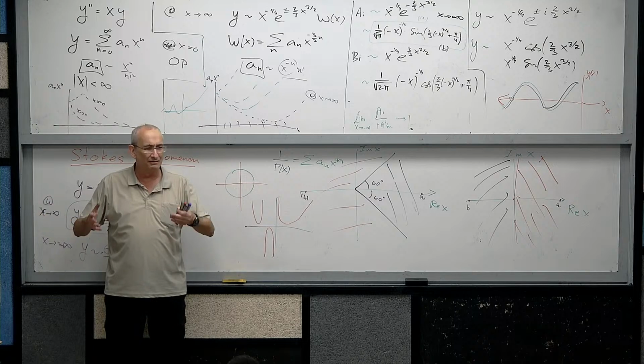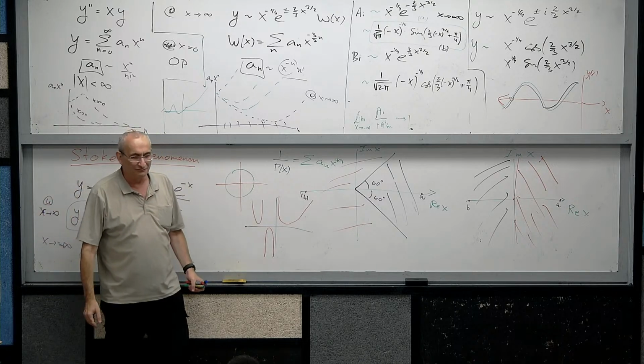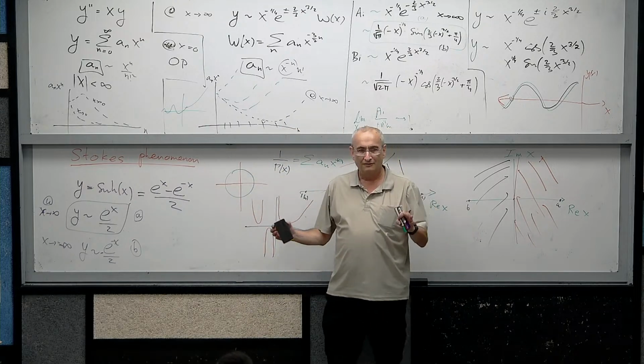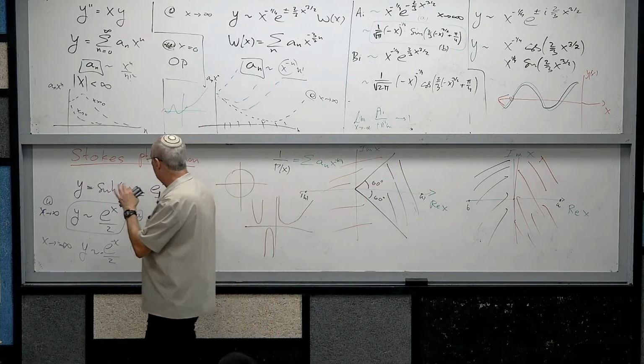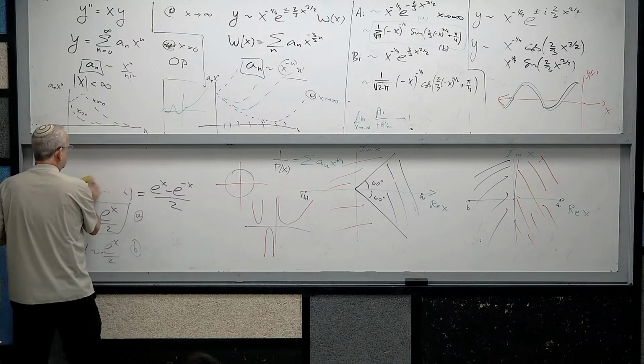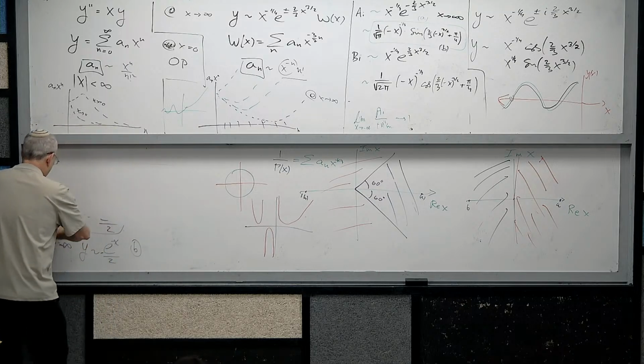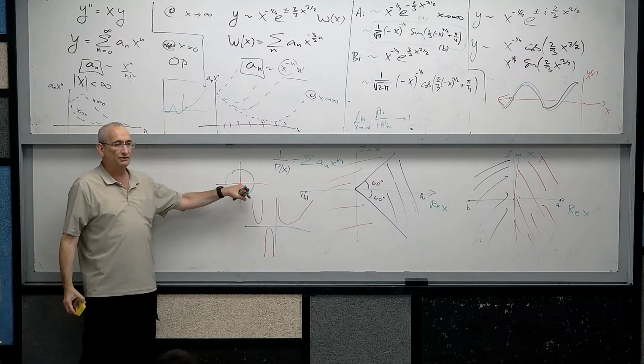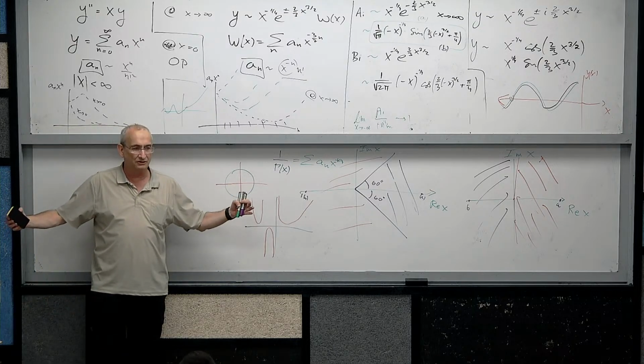And horrible numbers and all kinds of disgusting things. Okay? So this is a Stokes phenomenon, and of course, as I said, the poor Taylor series must work on both sides, on a disk.